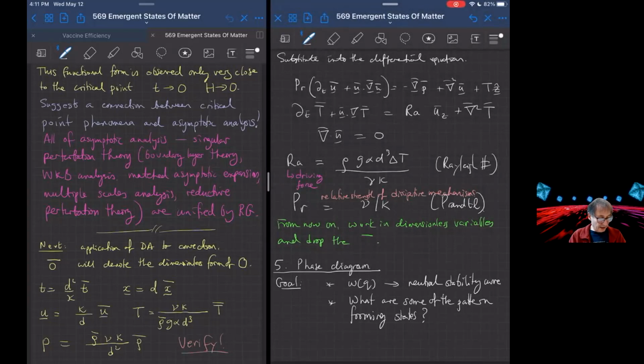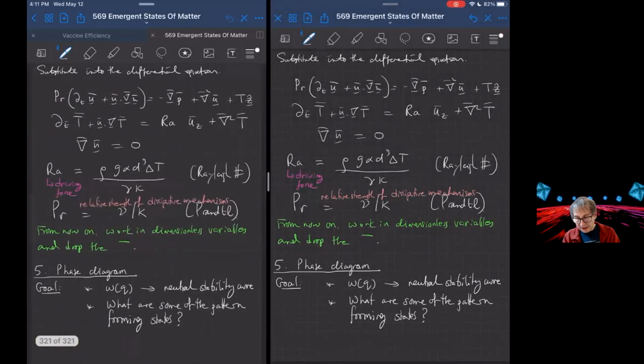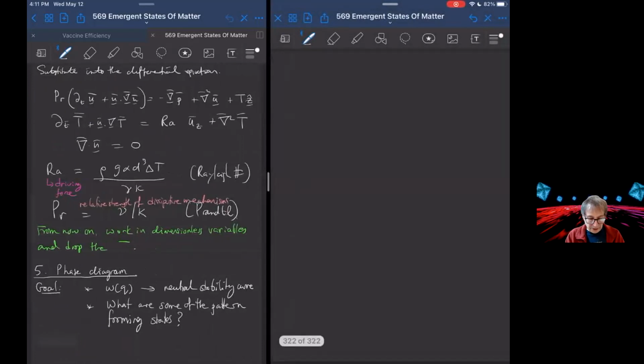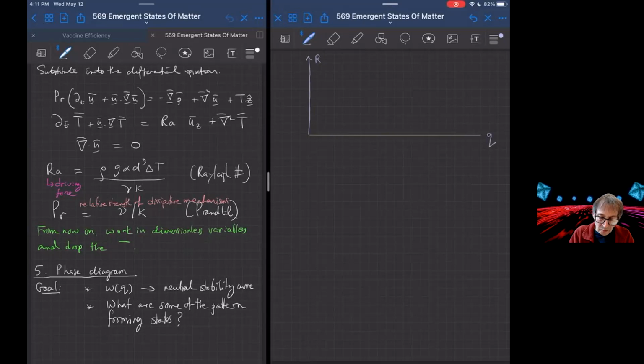So let's do that. The first thing we're going to do is plot the neutral stability curve in the following way. I'm going to draw my axes. My axes now are the Rayleigh number up here, and q up here, and I'm going to assume that I've done the stability analysis.